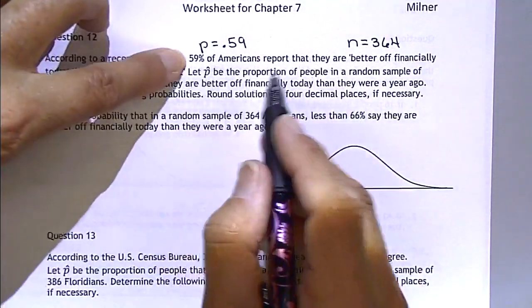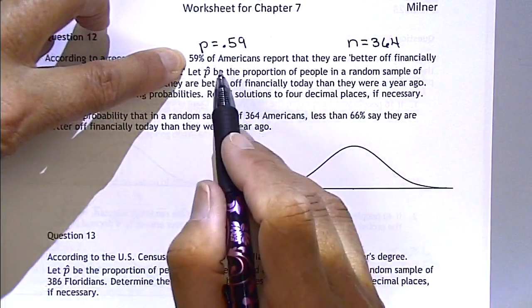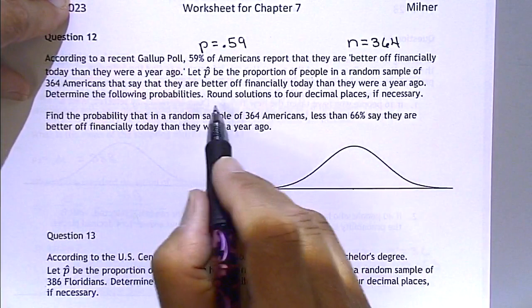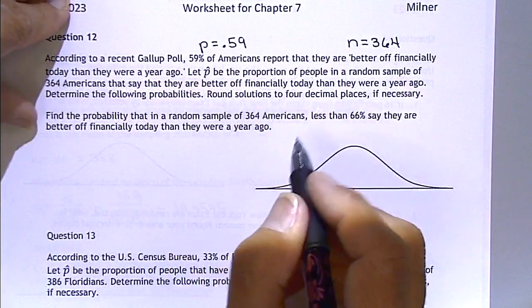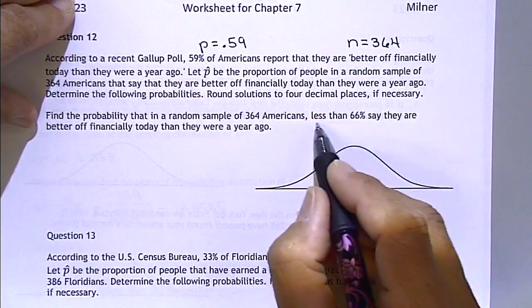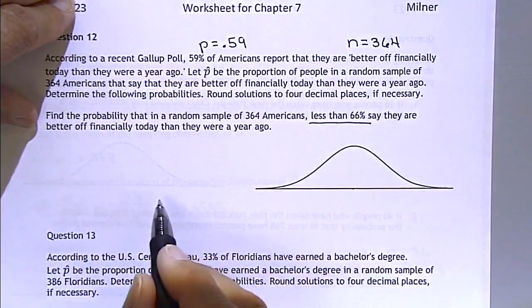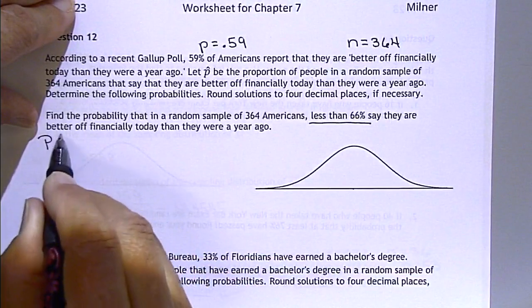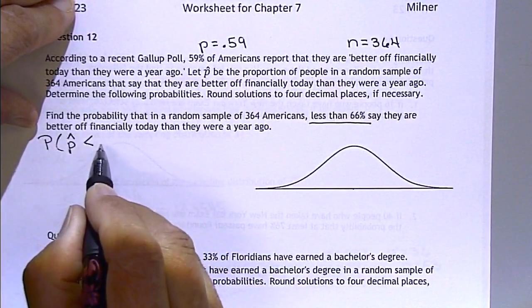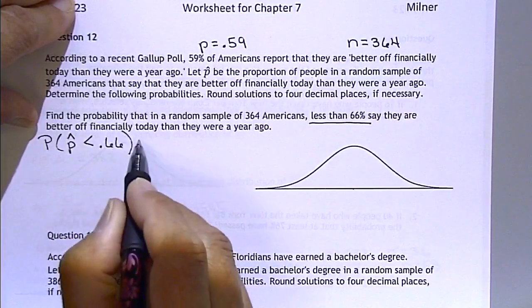Well, it matches what the p-value was that they gave us. We have to kind of watch that. So we want the probabilities rounded to 4 decimal places that in that random sample of 364, less than 66% say they're better off. Okay, I'm going to go ahead and write this.